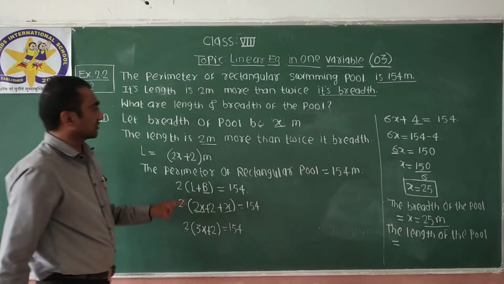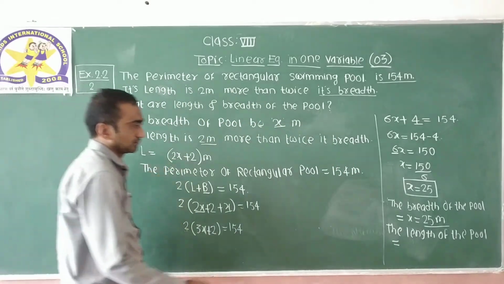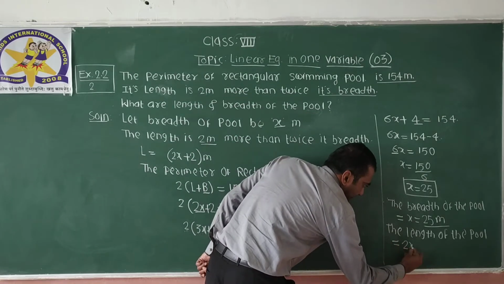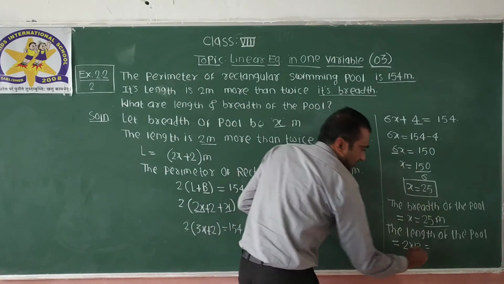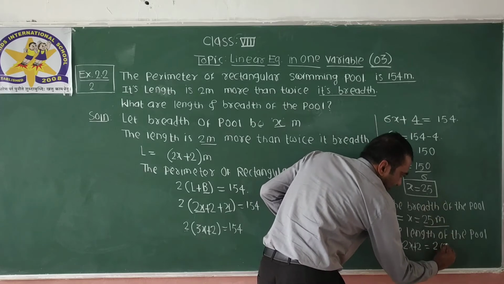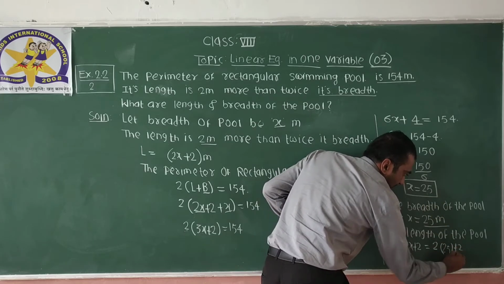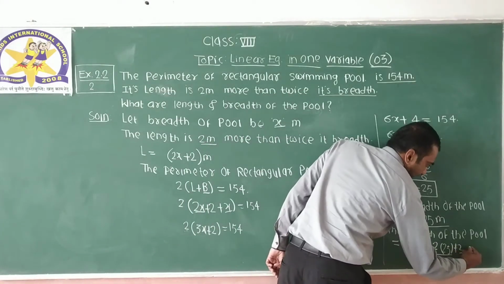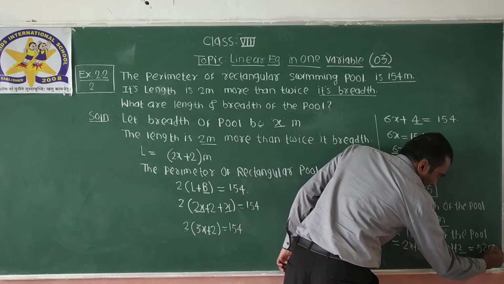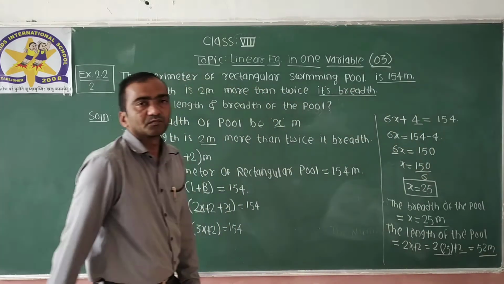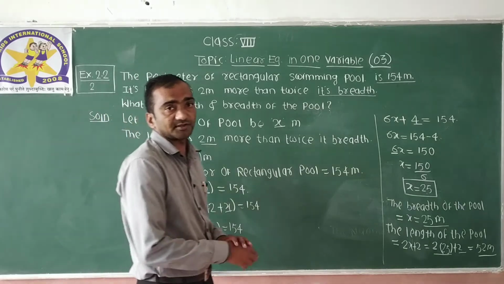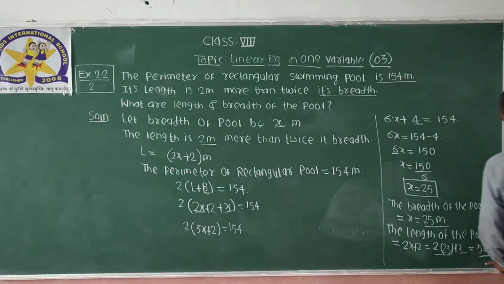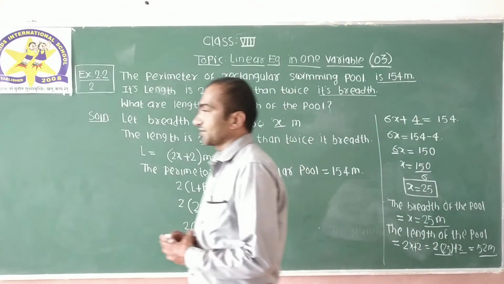What is the equation for the length? 2x plus 2. Now put the value of x. 2 multiplied by the value of x, 25, plus 2. 2 into 25 is 50. 50 plus 2 is 52 meter. That is the length of that pool. From this we can say the final statement: length of the pool is 52 meter and breadth of the pool is 25 meter. Okay, very easy question.